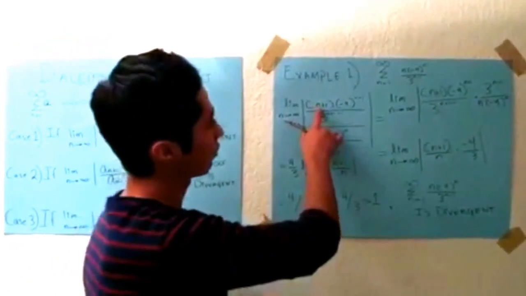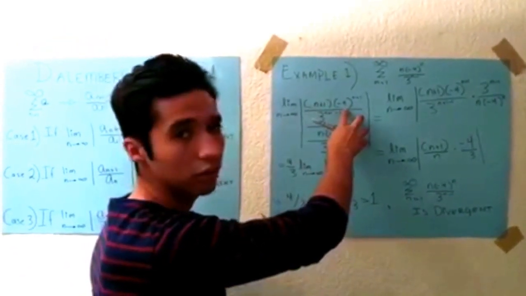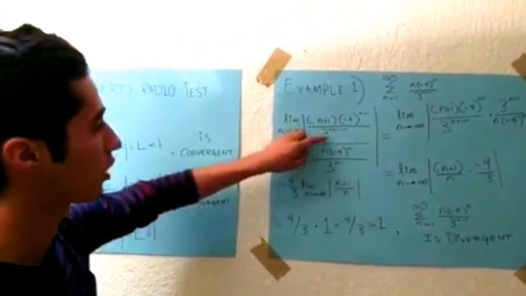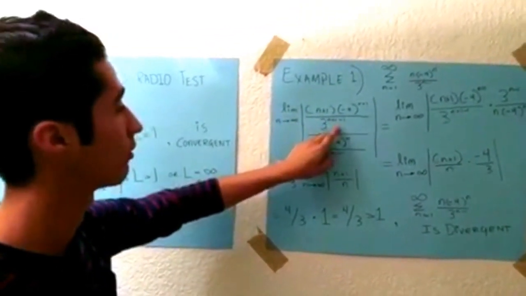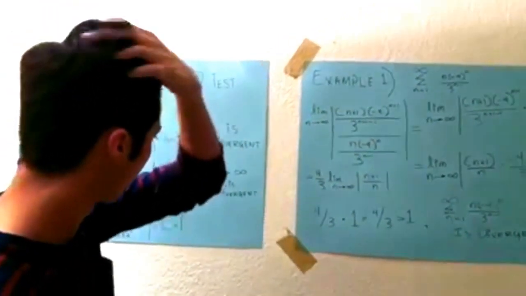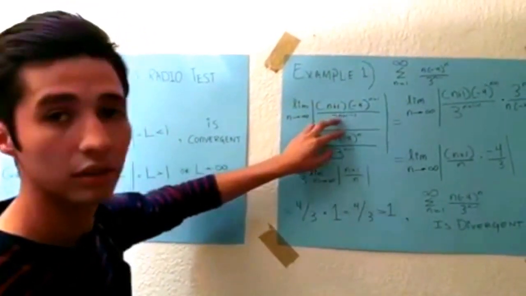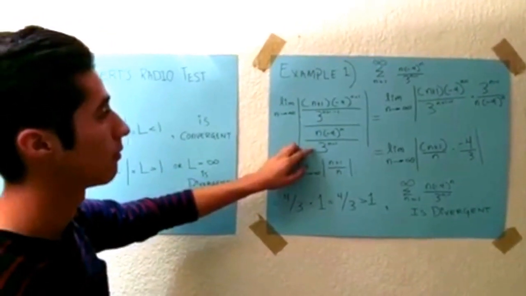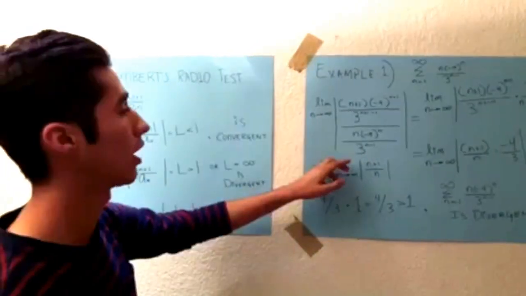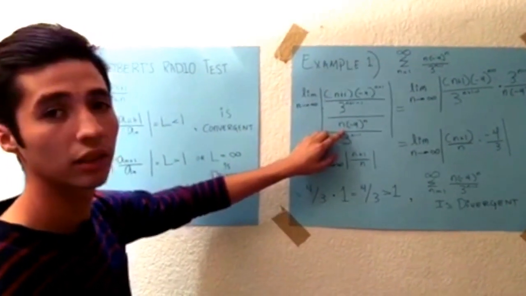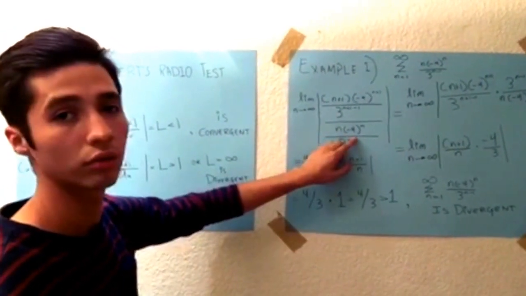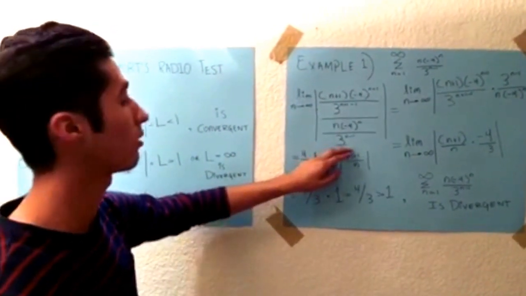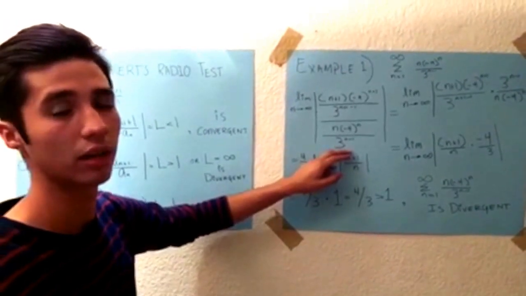So we have n plus 1 times minus 4 to the n plus 1 over 3 to the n plus 1 minus 1, and this will be divided by the original function, that is n times minus 4 to the n divided by 3 to the n minus 1.